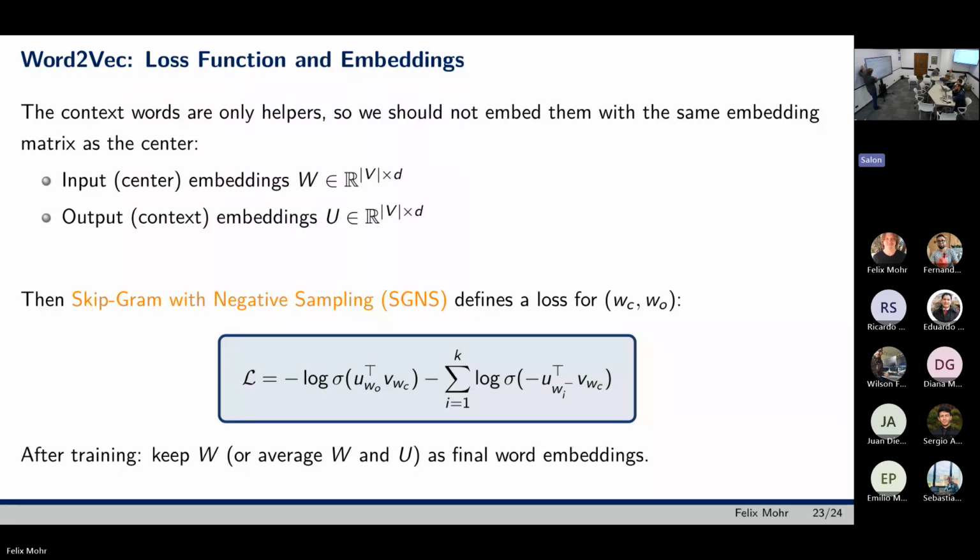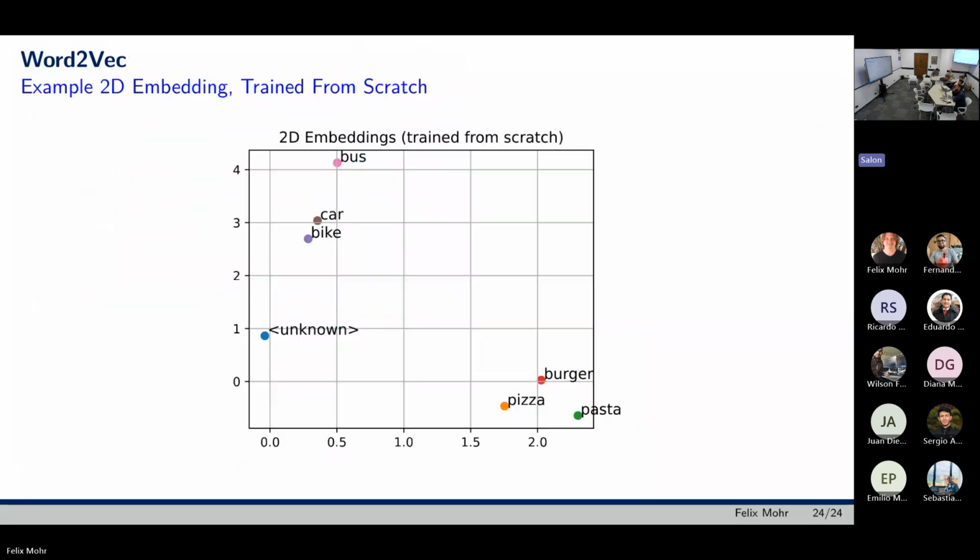And what you typically do is stick only with this W matrix. Once you train it, you use only this first embedding, the center embedding, to embed the words. But you can also take the average between these two. Both are possible.